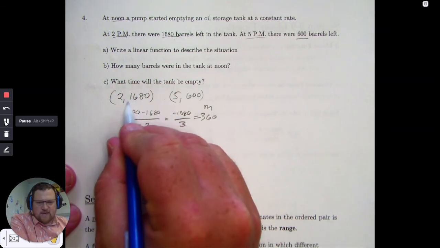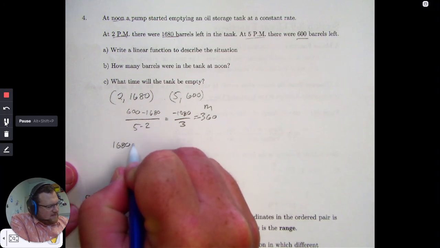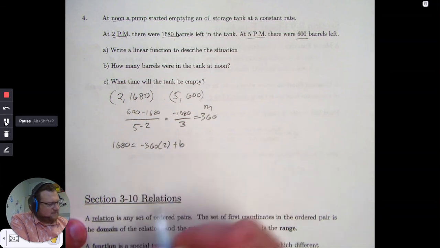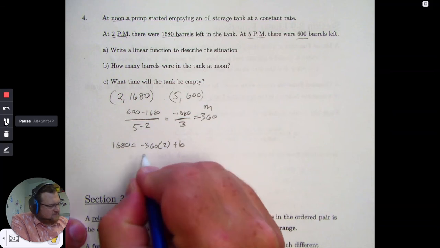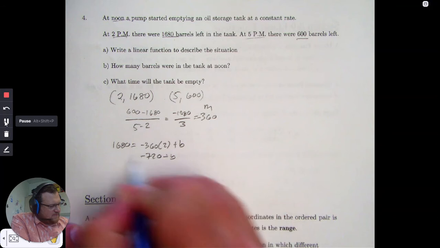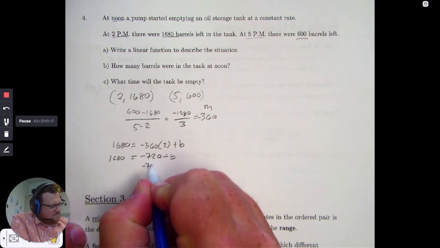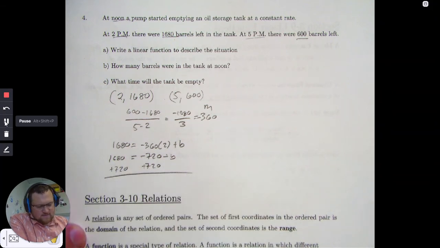So now I just put it back into any one of these to find b. So y equals m times x plus b. If I do negative 360 times 2, it gives me negative 720 plus b. Then if I add 720 to both sides, that tells me how many barrels I started off with.